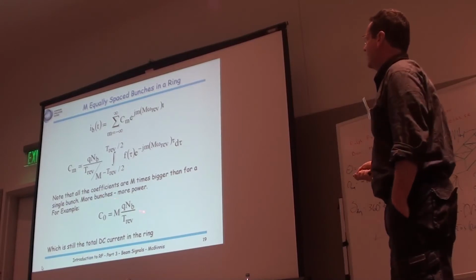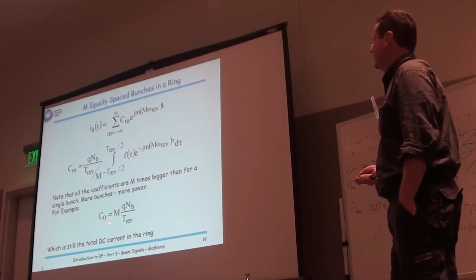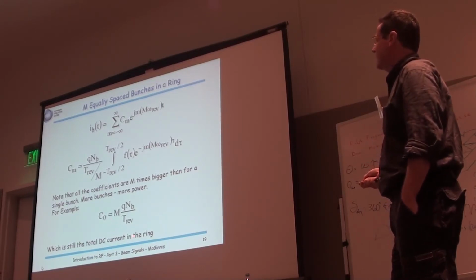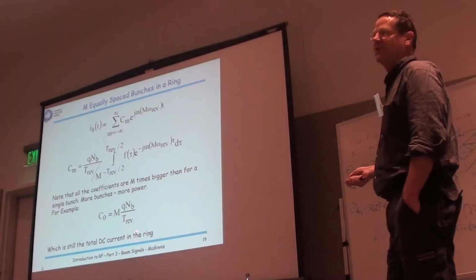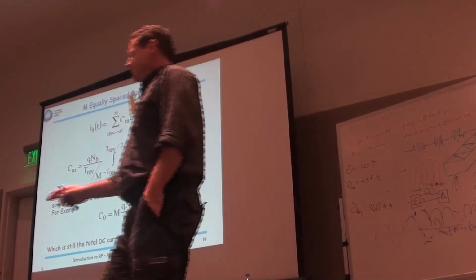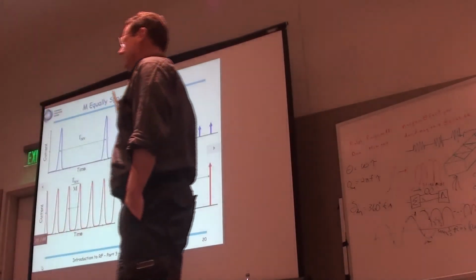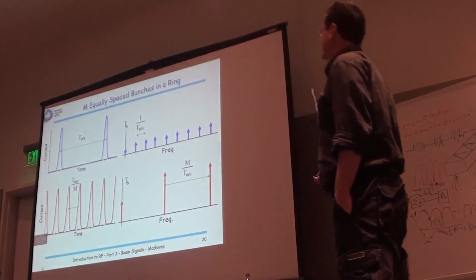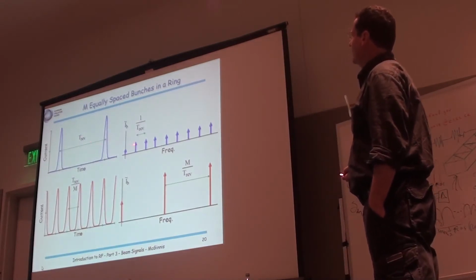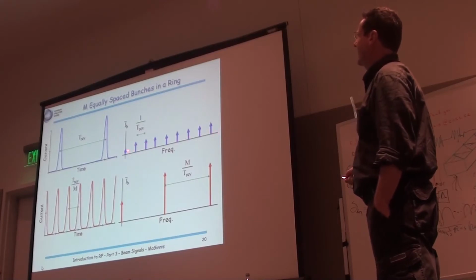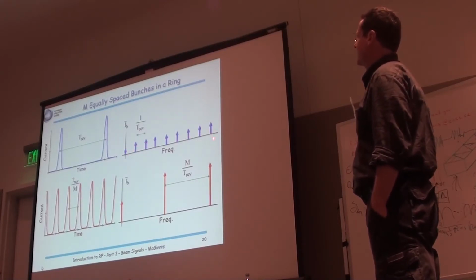So now you can see that the C0 coefficient is still the total DC current in the ring, because there's an M factor in there. It's still the total DC current in the beam. Okay, so here's the picture, here's one bunch in the ring. You see something that looks like this, with all these little tiny bunches in here.